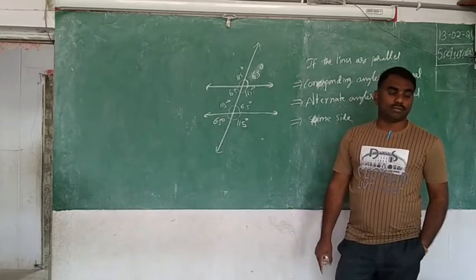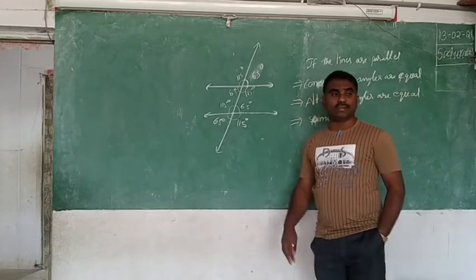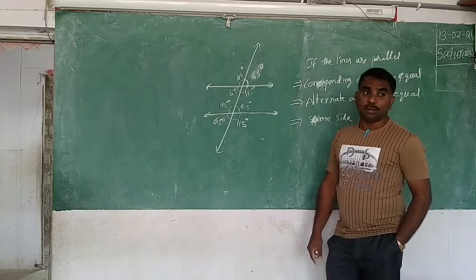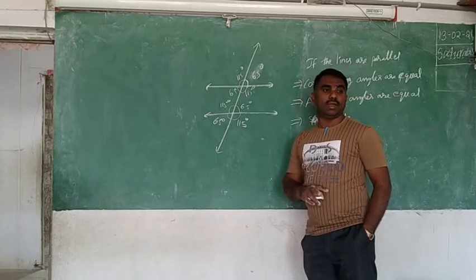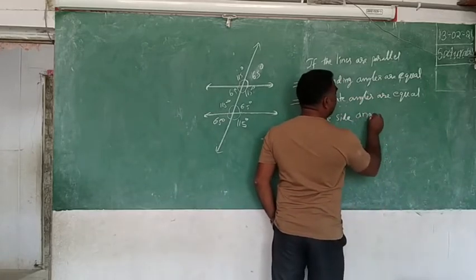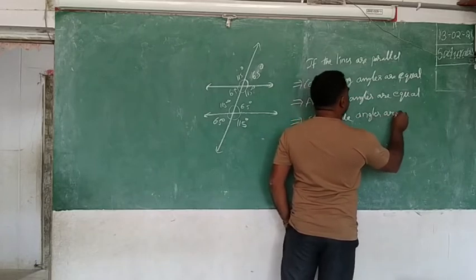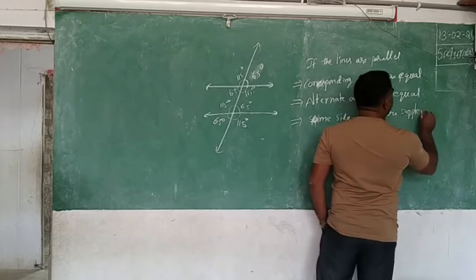Is it or not? Yes. With you also maybe 180 you got. Somebody will get 120 and 60. So they are not equal, but they are supplementary. Supplementary means by adding them we get 180. So that's why what can you say here? Same side angles are supplementary.